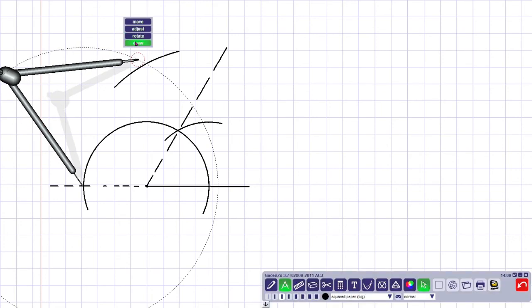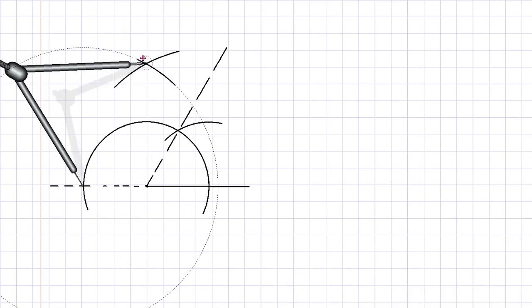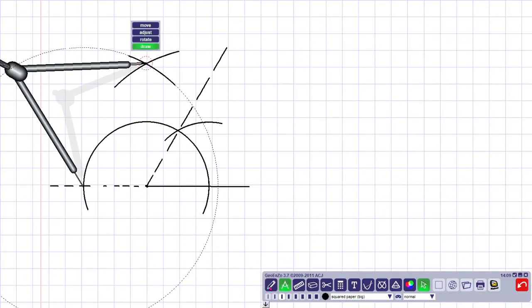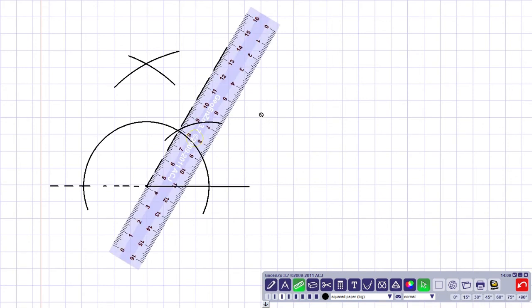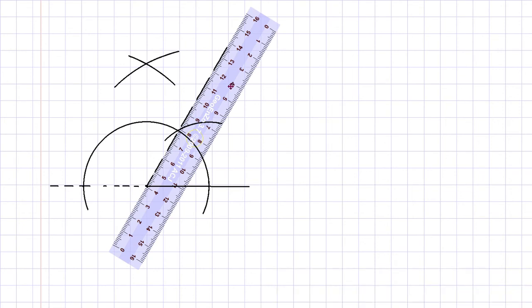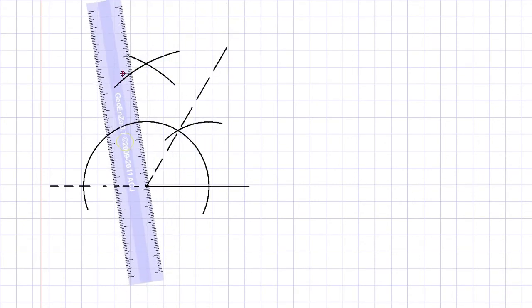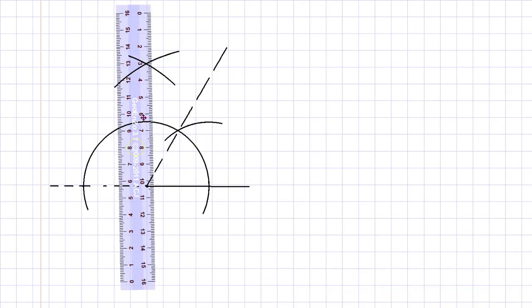Now cross the previous arc. Now if you join this crossing point and this vertex, you can get 90 degrees angle.